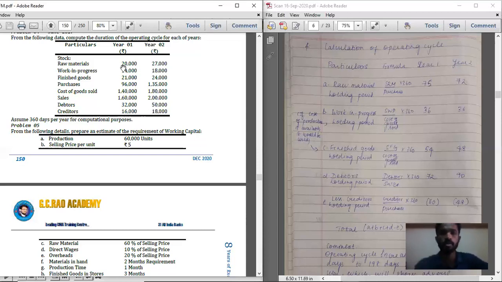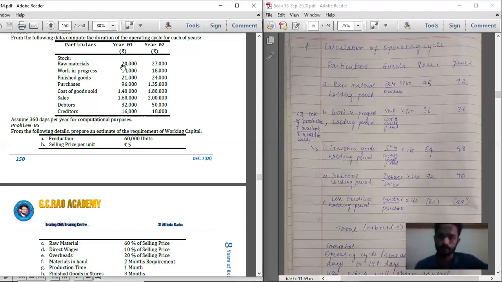Suppose on March 31st, 2020, you keep 20,000 rupees worth of raw material. That 20,000 worth of raw material you can use for the next 75 days.